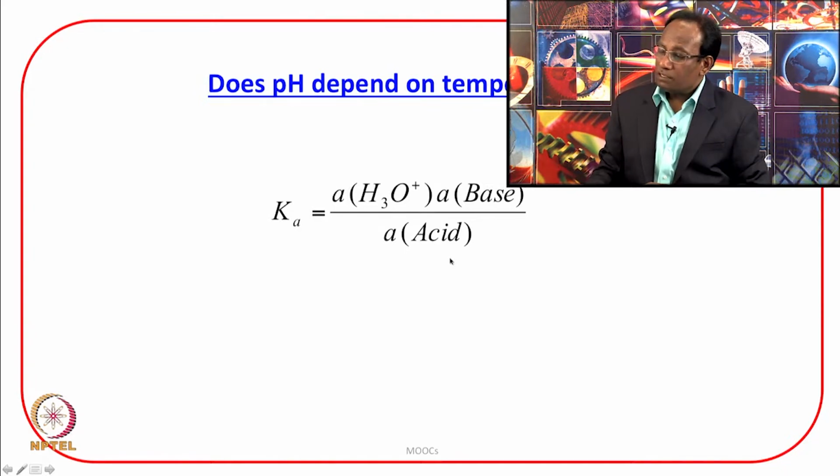And as I discussed earlier, the acidity constant is actually an equilibrium constant, and the value of an equilibrium constant is temperature dependent, whether delta H is positive or negative.